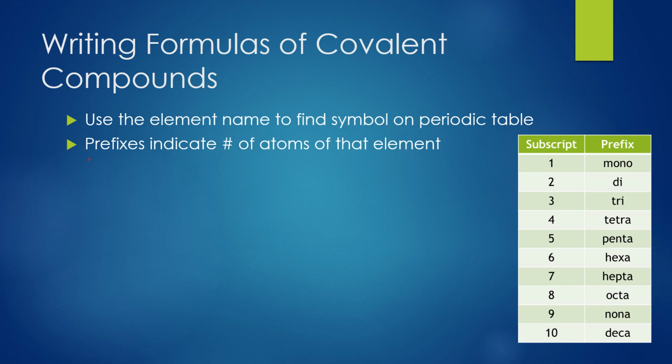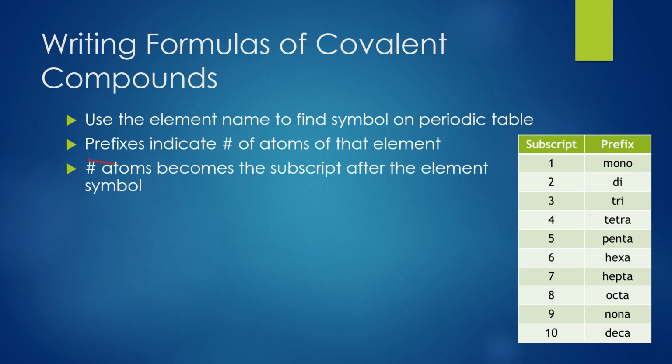That's the reason for the prefixes. It tells us how many of each. So if it says tetra, we know there's 4 of that particular element, and so on. It indicates the number of atoms of that element. The number of atoms then becomes the subscript immediately after the element symbol. So remember, make sure that subscript is after the symbol that it's representing.